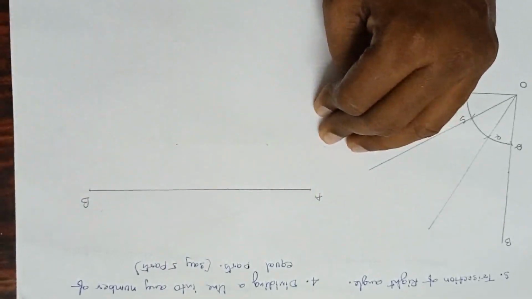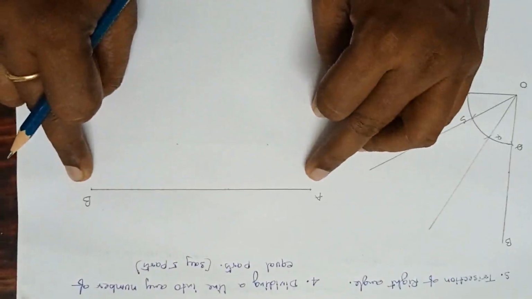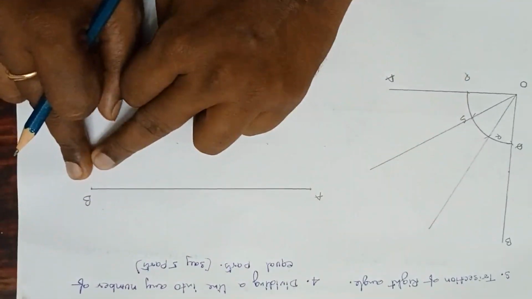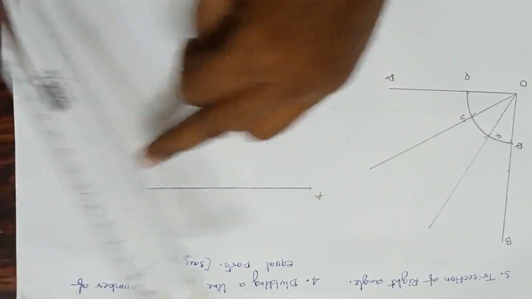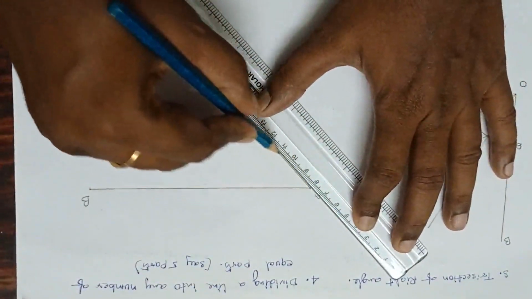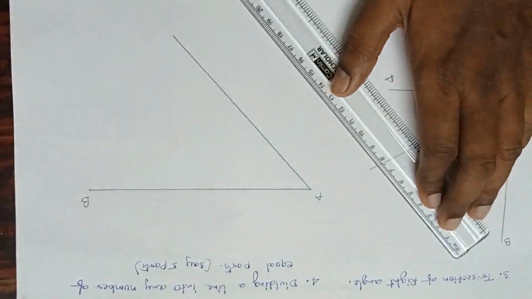Next, without knowing this length or any dimension, I cannot do it directly. So there is a procedure. First, from point A, I'll draw a line such that this line makes an acute angle with AB.